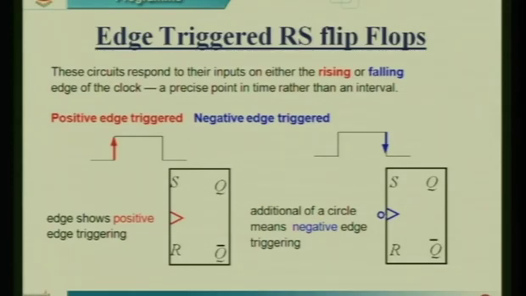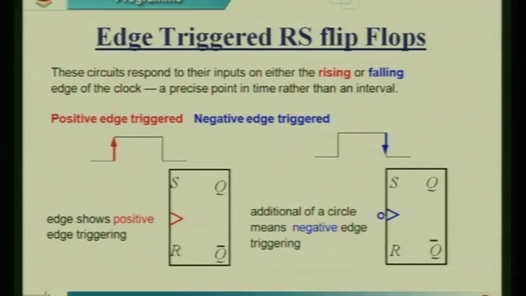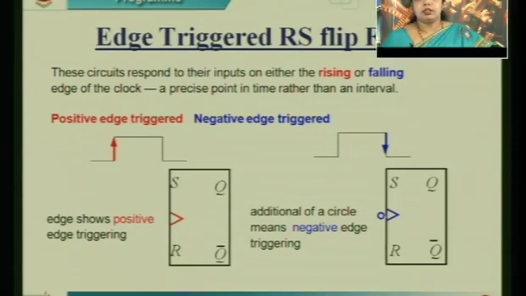The transition from 0 to 1 is called the rising edge or positive edge. Similarly, the transition from 1 to 0 is treated as the falling edge or negative edge. This is what we discussed in the previous session.